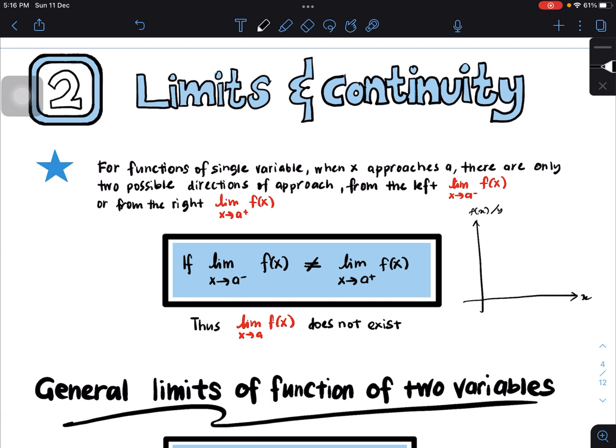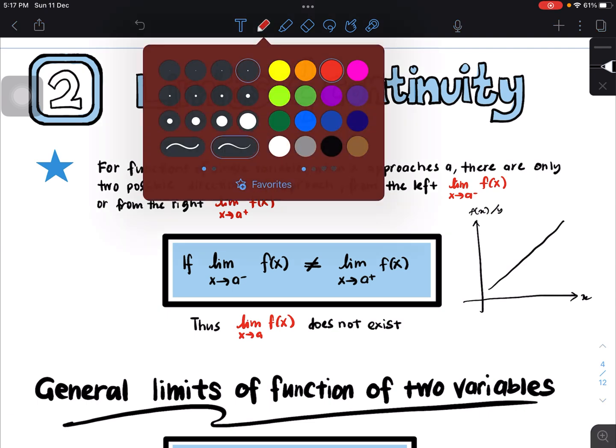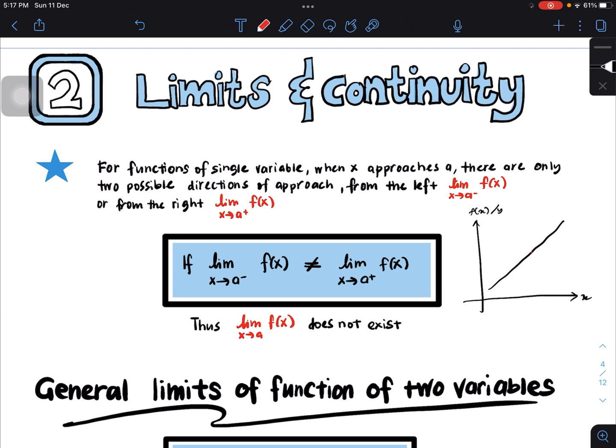Let's say we have a linear function, and we want to find the limit of this function at the point x equal to 4, for example. What is the limit of this function? It's actually a value, but not an exact value, it's an estimate value. So what is the limit when x is approaching 4?